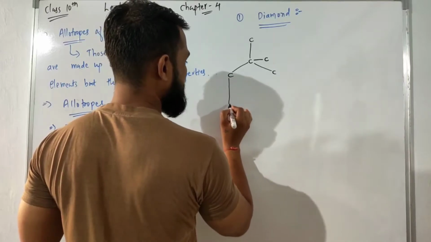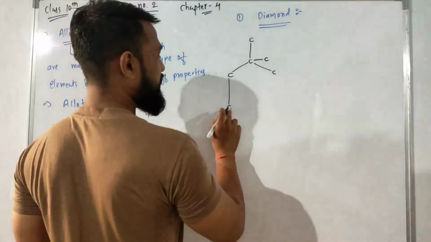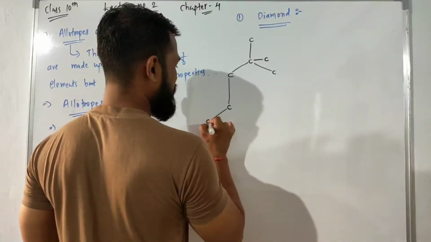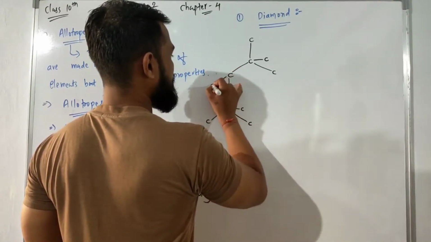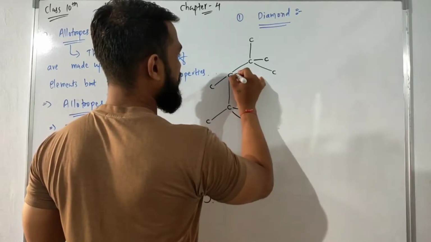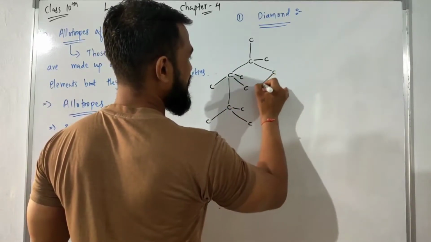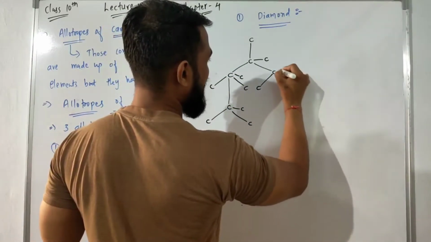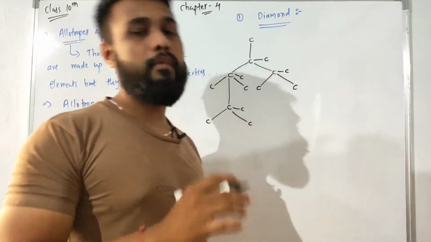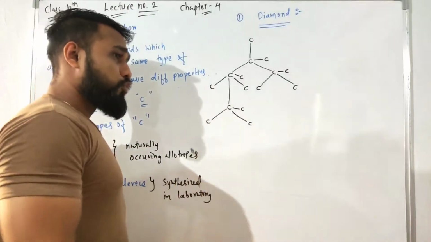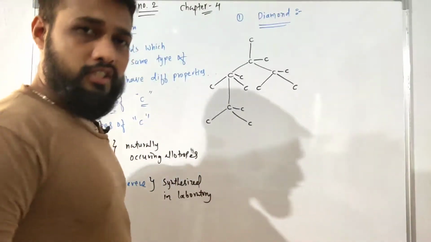Now this carbon is attached with another 4 carbon like this. This one is also attached with 4 carbon, and this one too, because 4 is the carbon valency, you all know that. If you don't know, we will study it further.